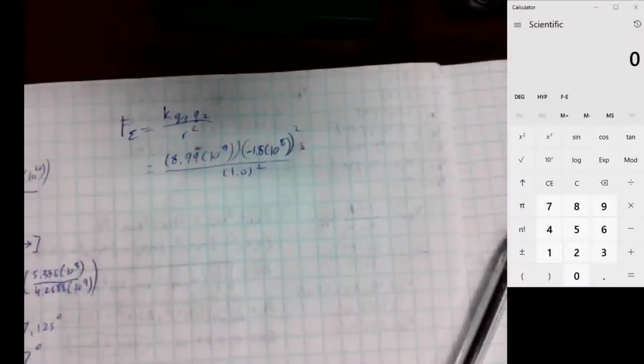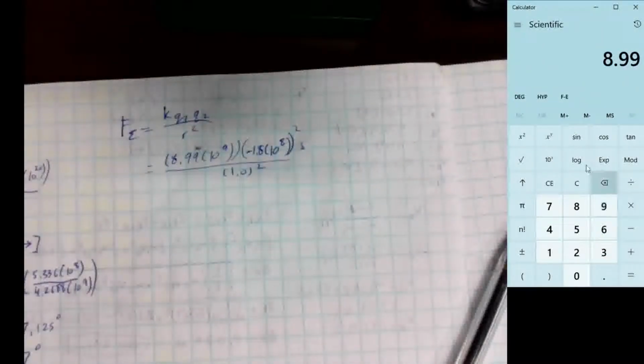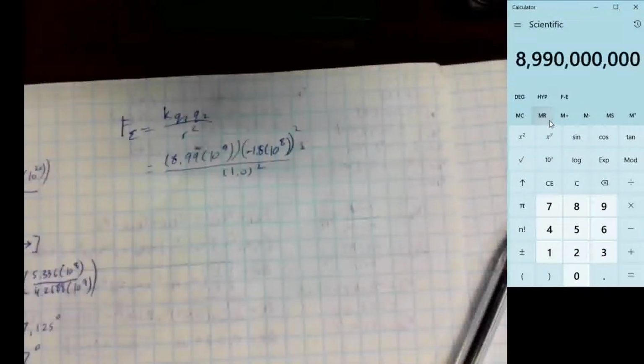That shouldn't be difficult to calculate. First thing I'll do when I calculate this, I'm going to put 8.99 and multiply that by 10 to the power of 9. And I'm going to save this into my memory because I know I'm going to need that quite regularly.